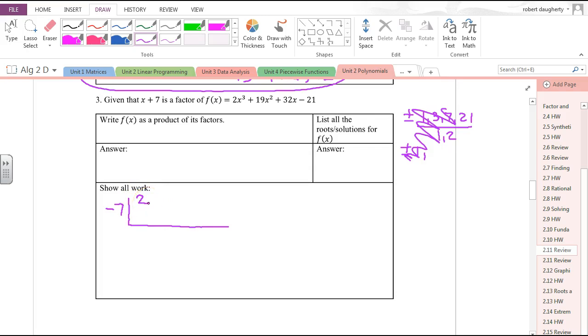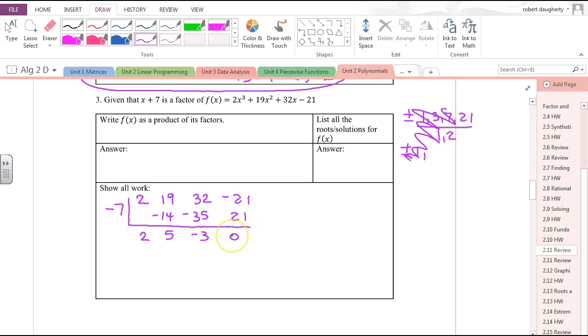So 2x cubed, 19x squared, 32x, minus 21. If I bring down the 2, multiply, I get negative 14. 19 minus 14 is 5. Negative 7 times 5 is negative 35. Subtract to get negative 3. Negative 7 times negative 3 is 21.